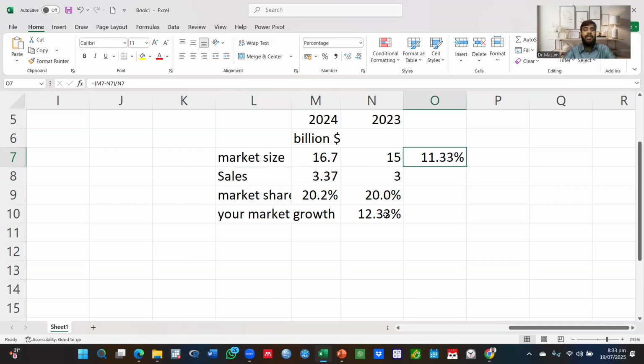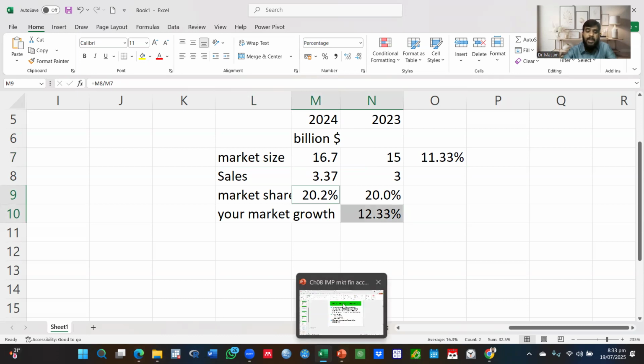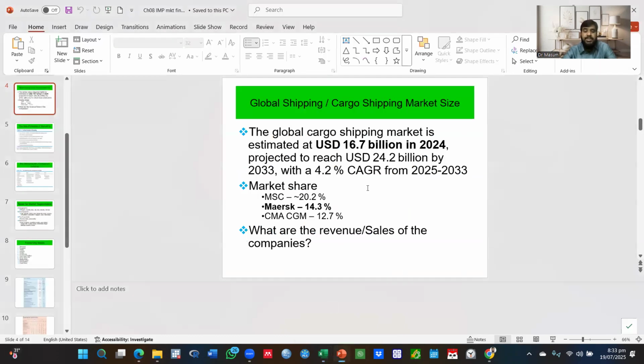So this market share and market growth, these figures are used to explain the BCG matrix.